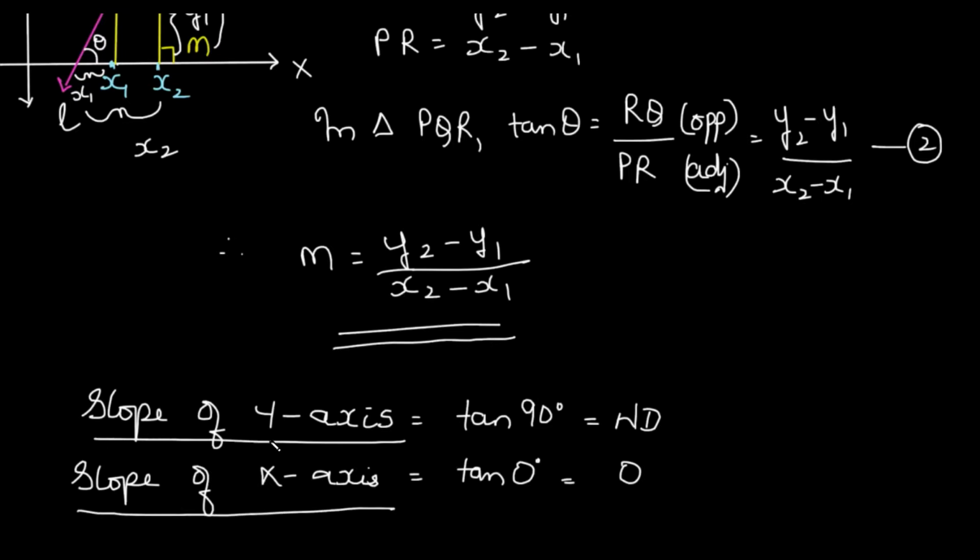So the slope of the y-axis or any line parallel to the y-axis is not defined, and the slope of the x-axis or any line parallel to the x-axis is 0. Similarly, if two lines are parallel to each other, they will have equal slopes. Keep all these points in mind. They will come in useful when you solve sums.